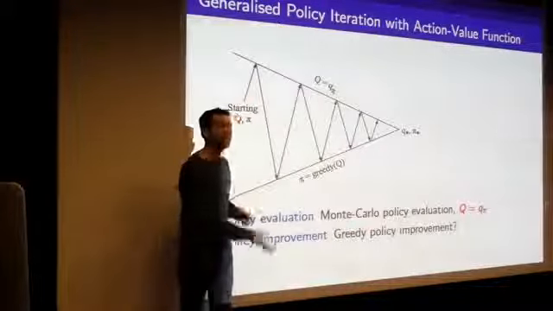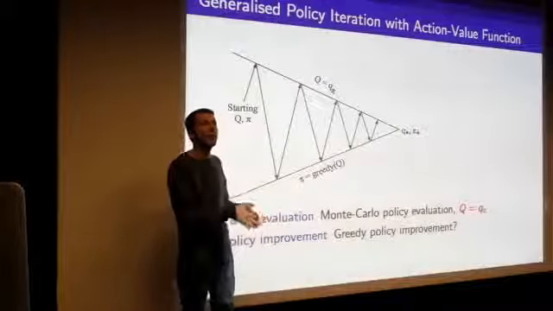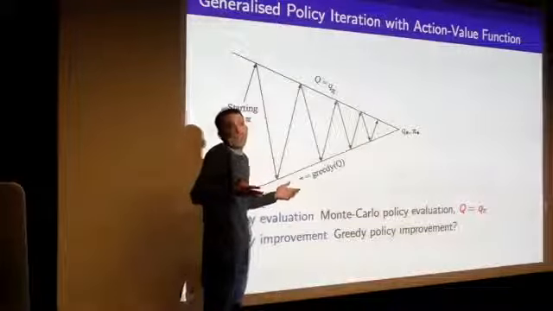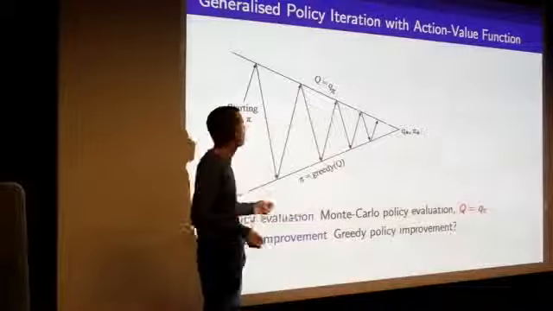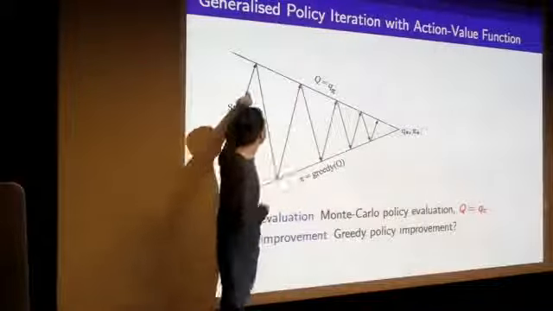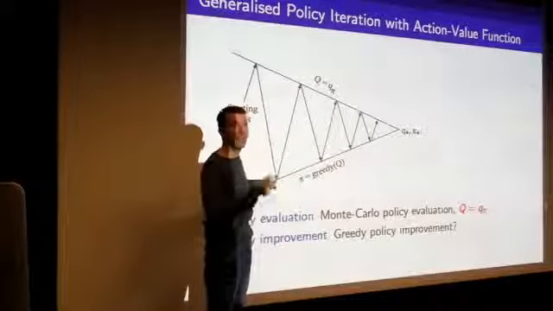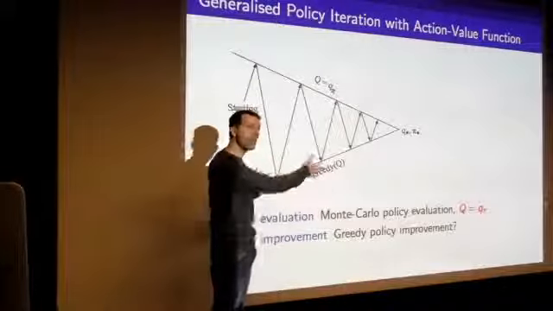We take the mean return from each state-action pair to estimate Q(S,A). That tells us how good that particular state-action pair is: taking that action from that state, what was the mean return that you got? Do that for all states and actions. That gives us a new value function. We then act greedily with respect to our Q. That's immediate. We just take the argmax over our Q values. That gives us a new policy.